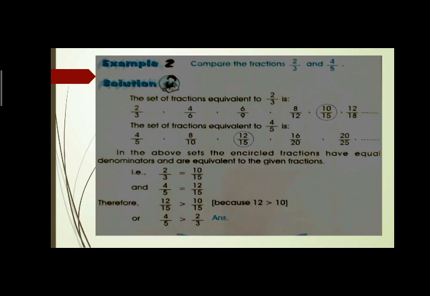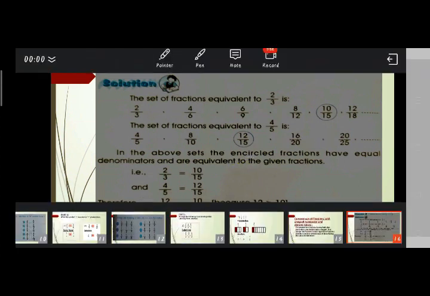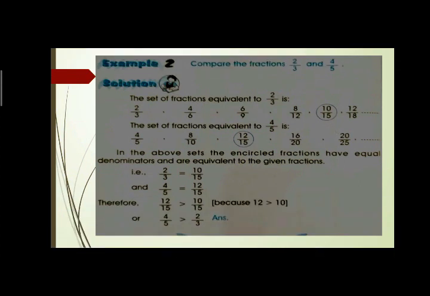Now first we build the equivalent fractions, then compare where the same denominator appears in both fractions. They are equivalent fractions having the same denominators, like 10 upon 15 and 12 upon 15. They show the same denominators.